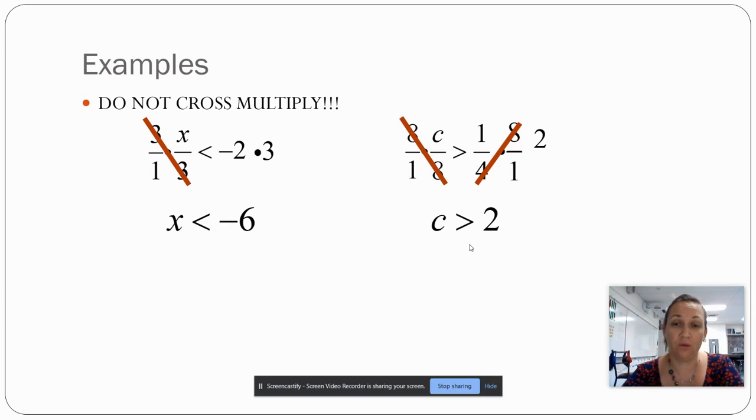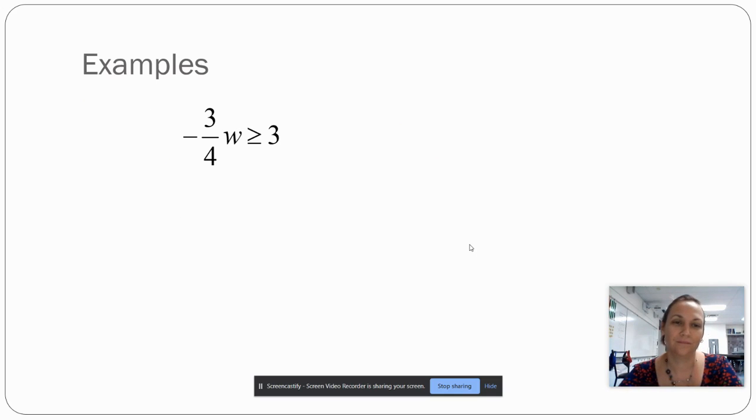Those were division problems. Our first example was a multiplication problem. Let's finish up today's video with some fractions. In this problem, it says negative 3 over 4 times W is greater than or equal to 3. When you have a fraction being multiplied by a variable, we're not going to divide by that fraction because you can't divide by fractions.